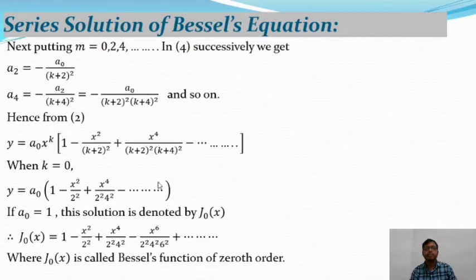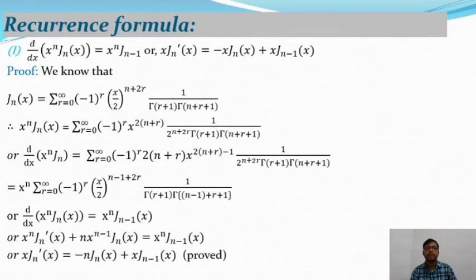So after that we will take some recurrence formulas for the Bessel's function. So the first recurrence formula will be d/dx of x to the power n into Jn of x, where Jn of x is the nth order Bessel's function.